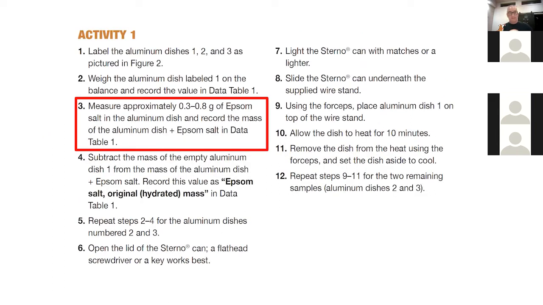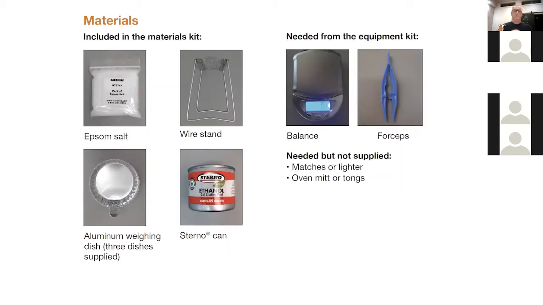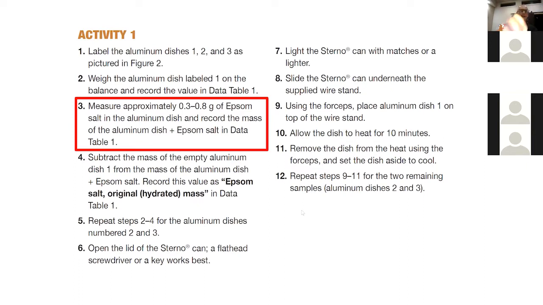Okay. So we want around 0.5 gram, between 0.3 and 0.8 grams. So we're going to weigh the dish. So the dish is going to be around, I don't know, let's say it's like 1.30 grams. We're not going to tare.